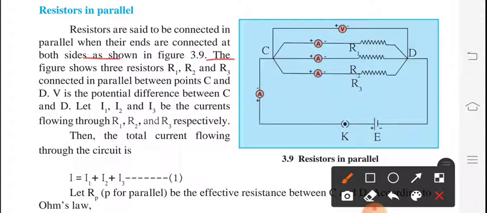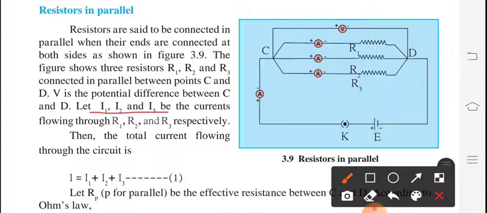The figure shows resistors R1, R2, R3 connected in parallel between points C and D. It means both ends of the resistors are connected to the points. You can observe here that both ends of the resistors are connected to the points.